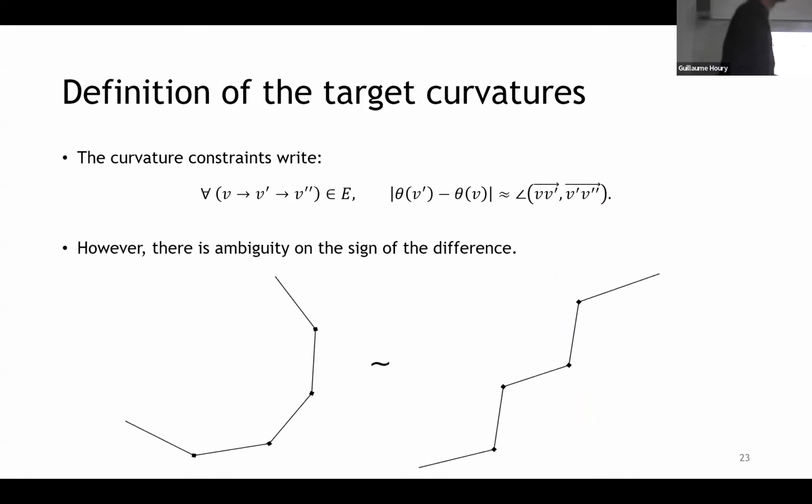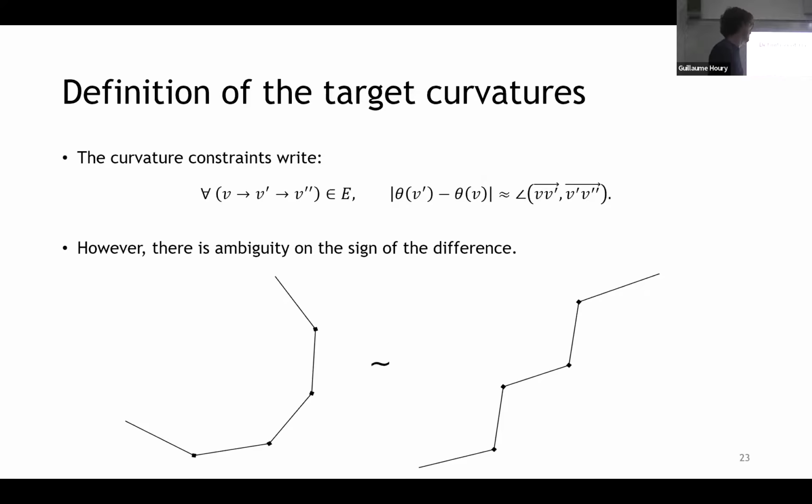One other advantage of this angular parametrization is that it makes the curvature constraints easier to formulate, because trying to enforce the curvature of the embedding to be equal to the curvature of the input amounts to constraining the angle between two successive edges in the 2D space to be equal to the corresponding angle in the 3D space in absolute terms.